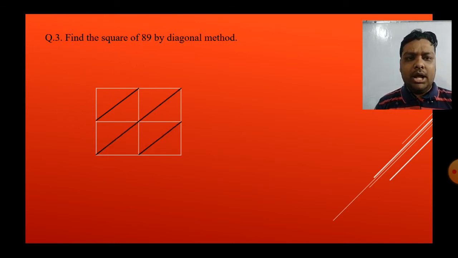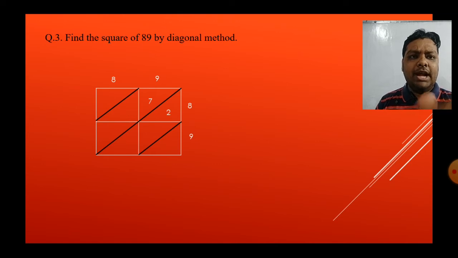Now we have to put the values of A and B, 8 and 9. At first 8 here, then 9 here on top of the square, and then on the right side of the square, 8 and then 9. You can also put the values on the left side instead of the right side. Okay students, now after that we will multiply.